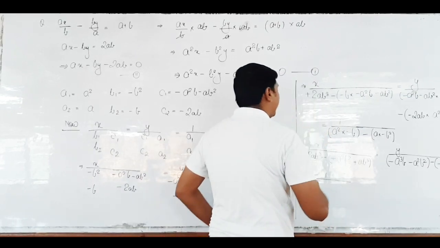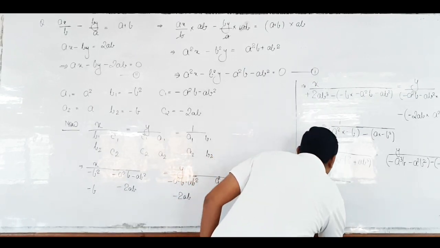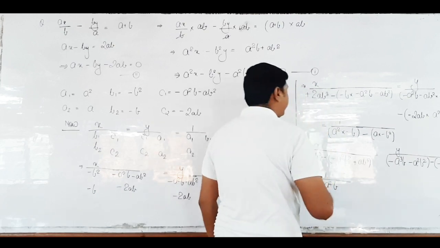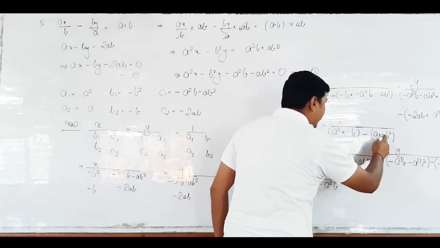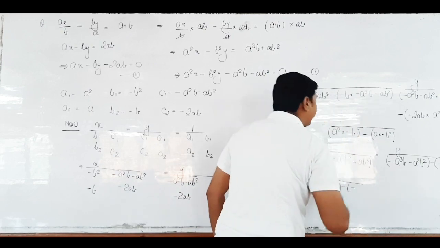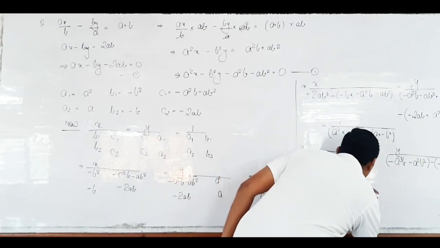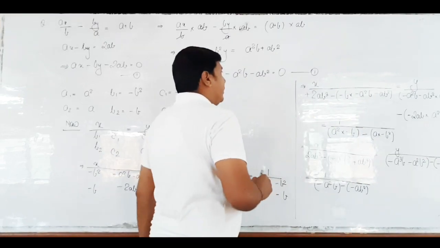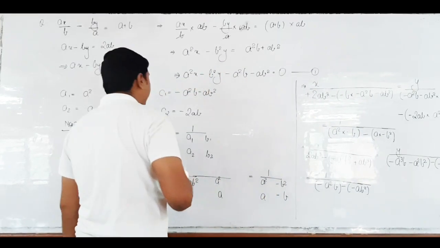One by plus into minus, minus a square b, and minus into plus, it's minus ab square.